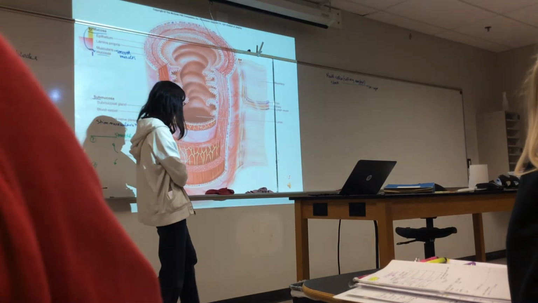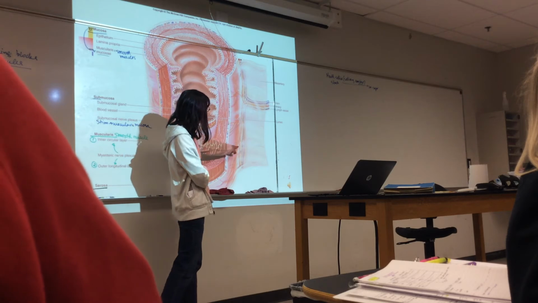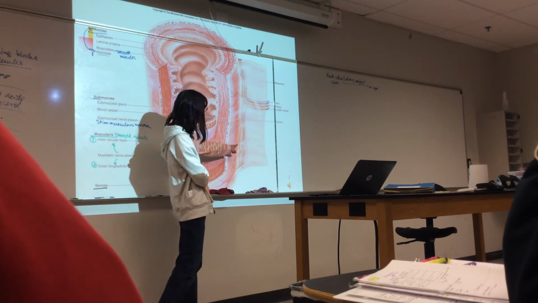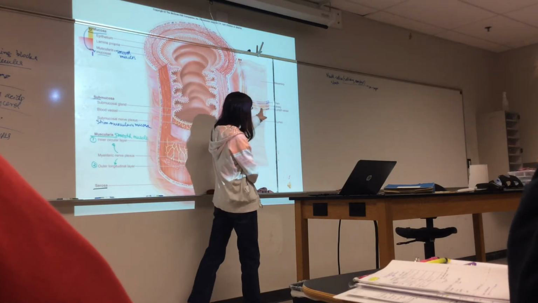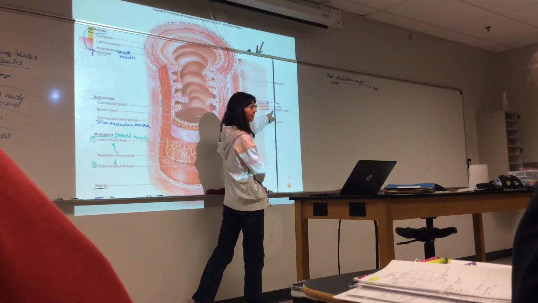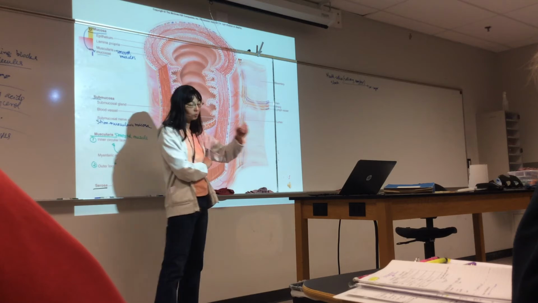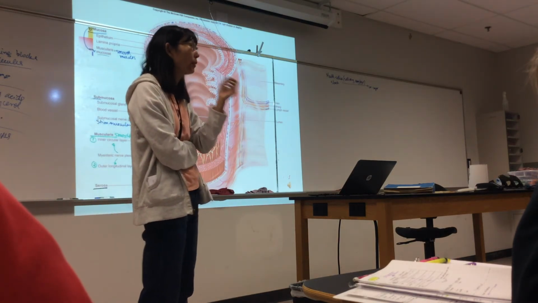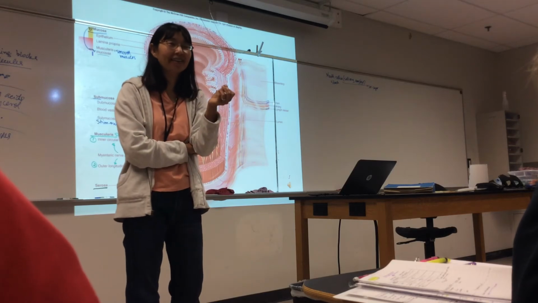And where do they come from? Well, if you trace it over, it came over there, right? It came over here, and it came from over here. Okay, so last time I really harped on the hepatic portal system, didn't I?